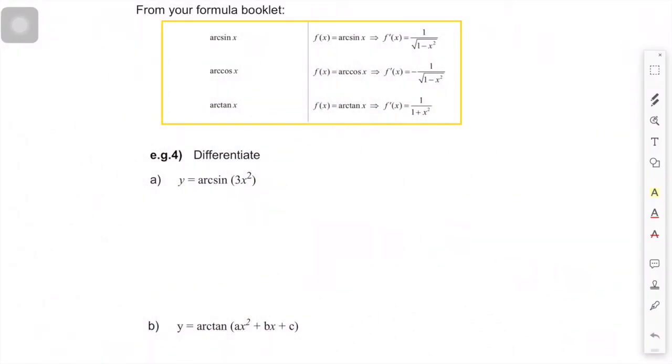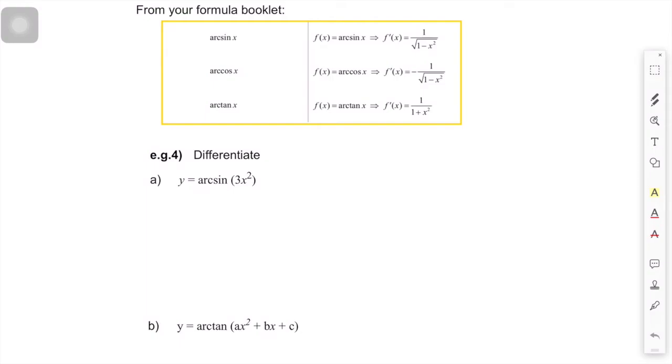Now we will take a look at some examples of inverse trig functions and their derivatives. Make sure you know that the following formulas are given in your formula booklet. But if you're taking the arcsine of a function other than x, make sure you still remember to use the chain rule.